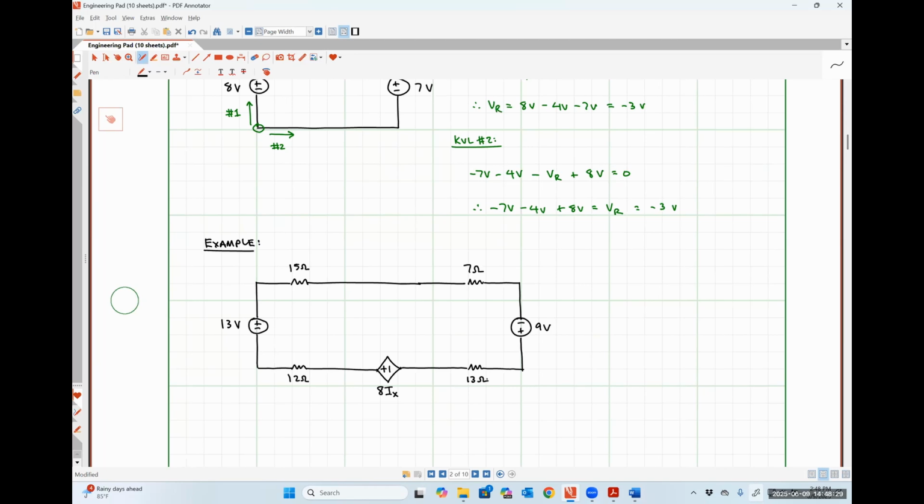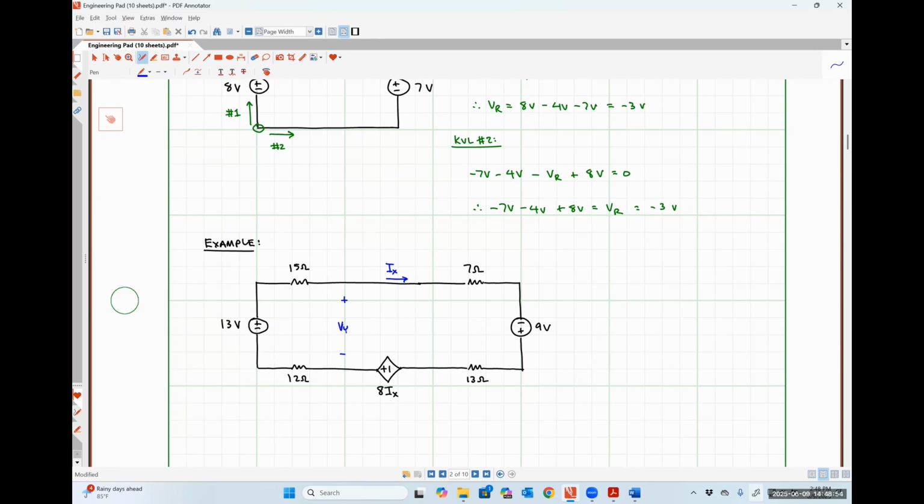I'm going to define the current IX. Let me do it in maybe blue. So this is the current IX. I'm also going to define a voltage here, Vy.